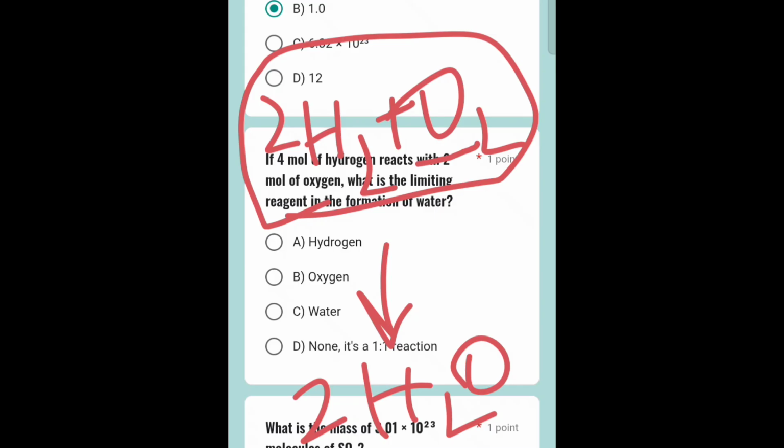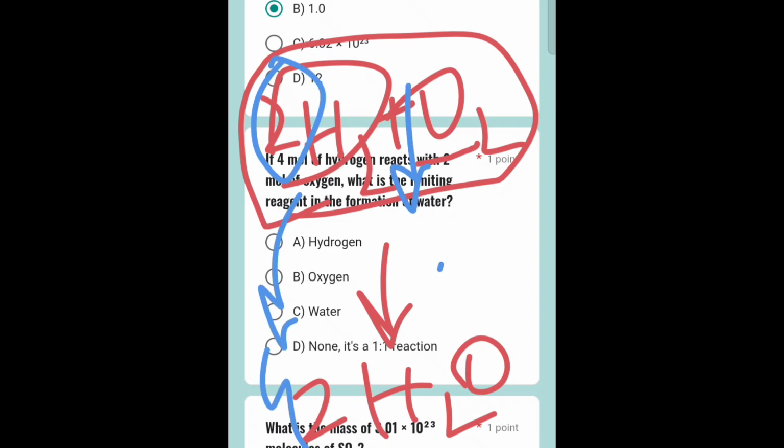They are in the same ratio, because if we double this one, 1 into 2, as given in the question, and double this one, 2 into 4, the ratio is balanced, so no limiting reactant is present here.